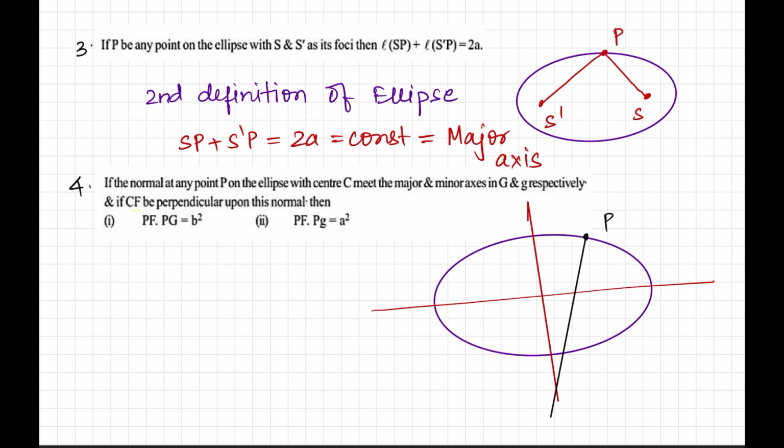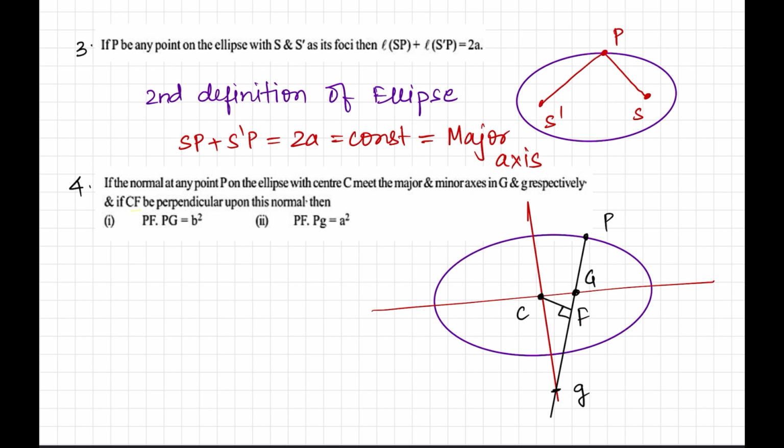Now this normal is cutting the major axis at point capital G and the minor axis at the point small g, and here we have the center of the ellipse. The next step is to draw a perpendicular from point C on this normal. We name it as F. तो ये हो गया हमारा डायग्राम.